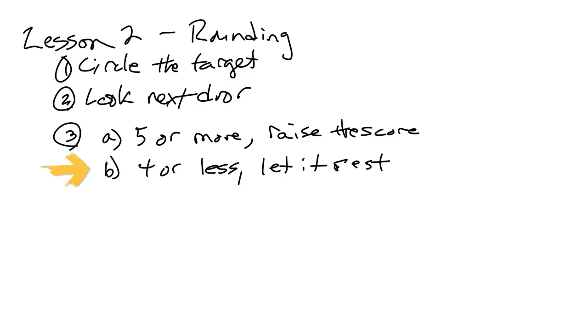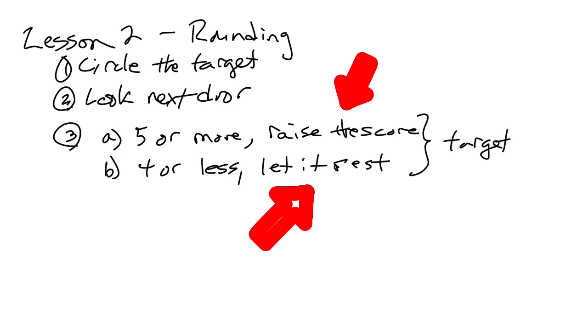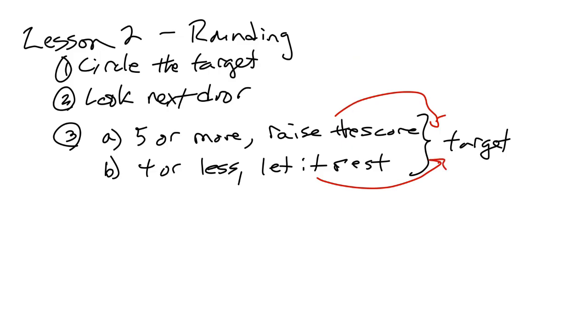Okay, and these we're talking about the target. The raise the score and let it rest would be the target value. The 5 or more and the 4 or less are whatever number is next door.